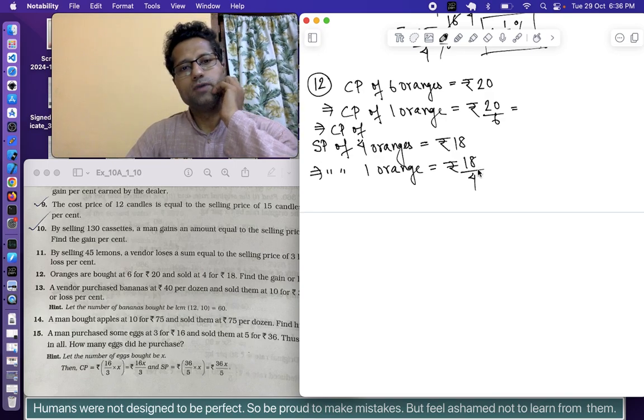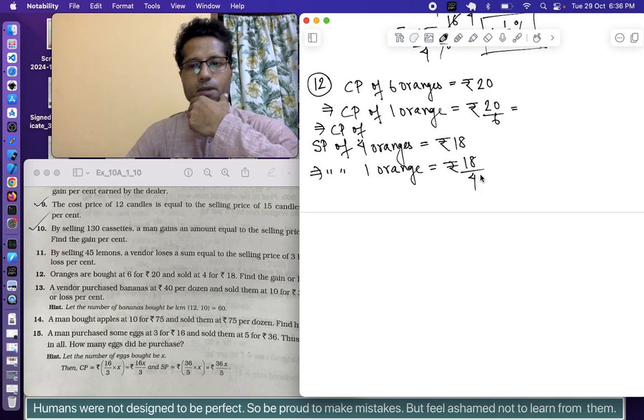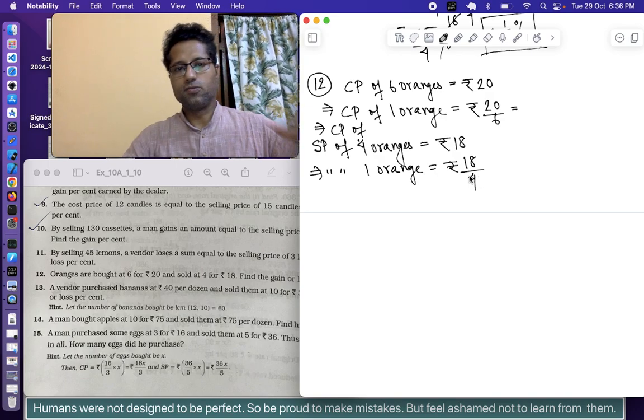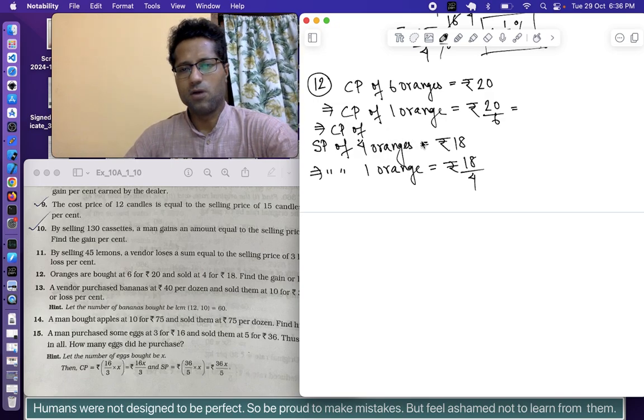You can take the LCM of both the denominators and multiply both the fractions with that LCM and then compare those integers. So I will compute the CP and SP of that number of oranges which will be the LCM of 6 and 4, which is 12.